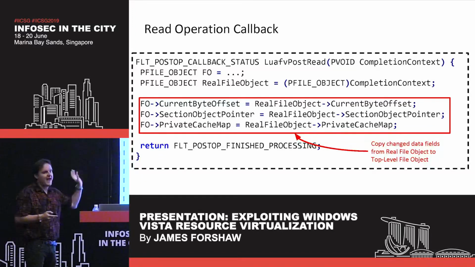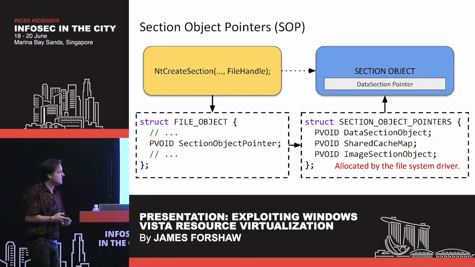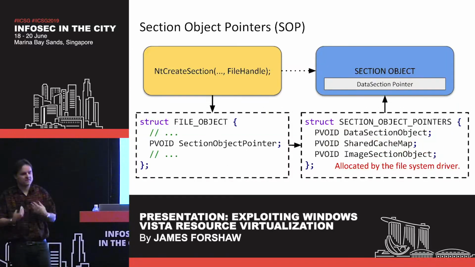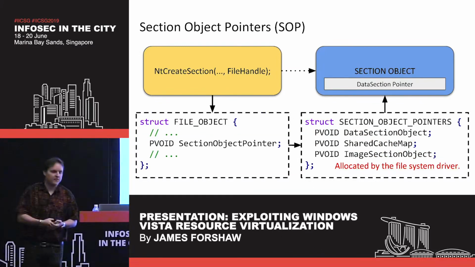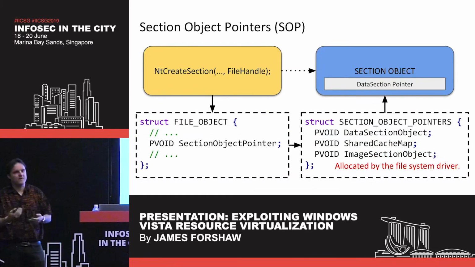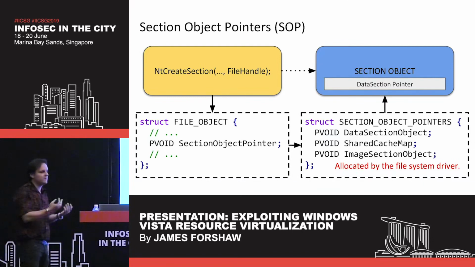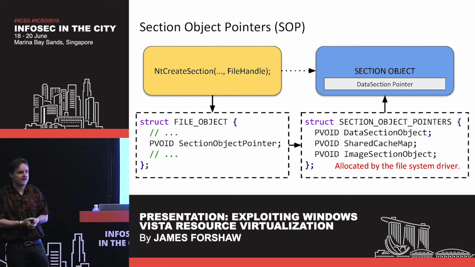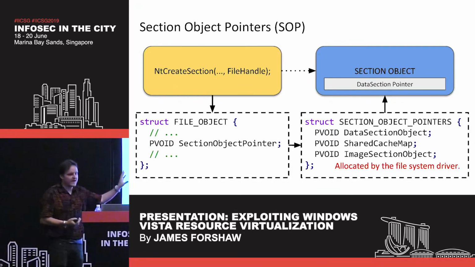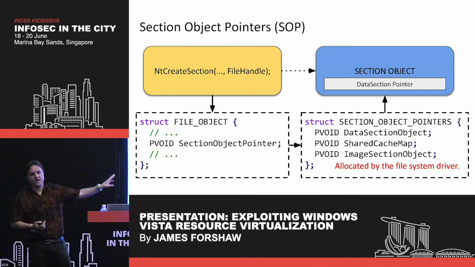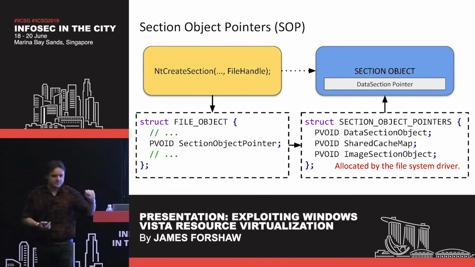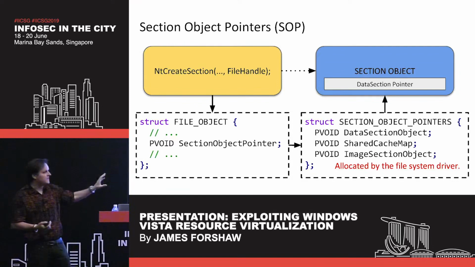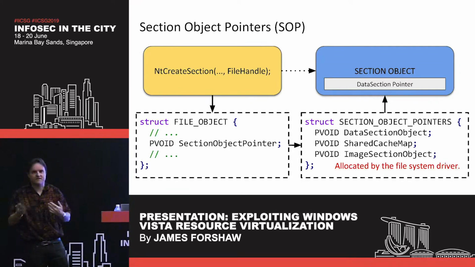So this code is running after the read operation is completed. And the section object pointer is really important because the section object pointer is used by the memory management system in the Windows kernel to map files into memory for memory map file access. And this object pointer structure is allocated by the NTFS driver or by the volume driver, and is usually shared between different instances of the same file.